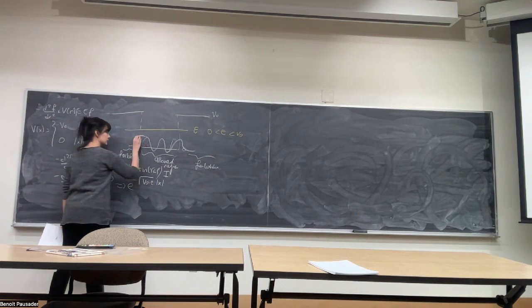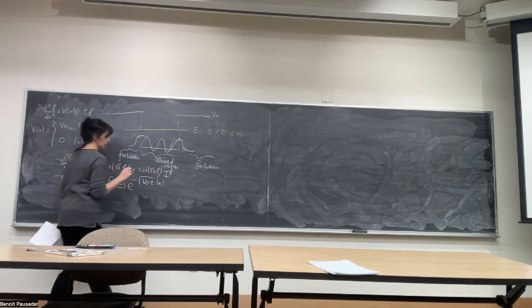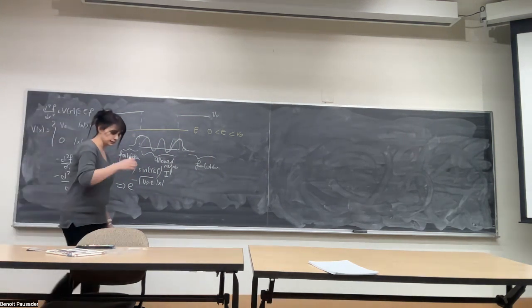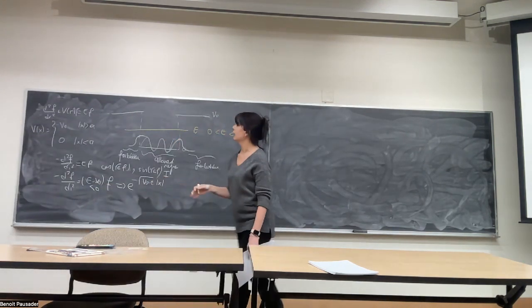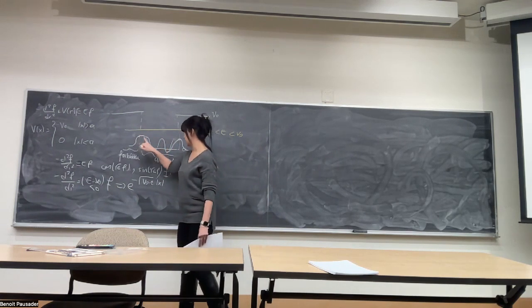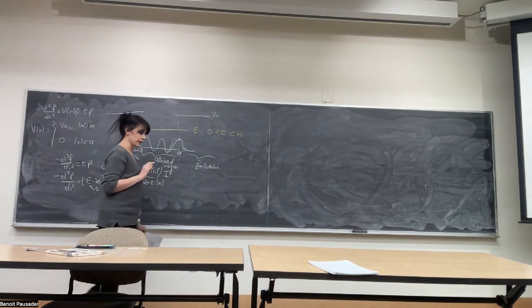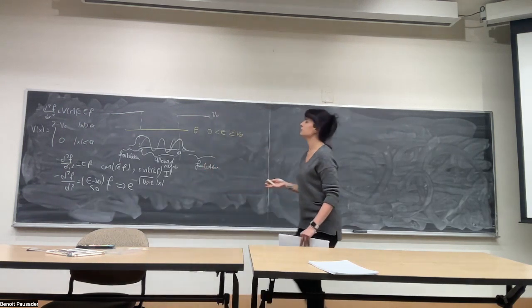To make it a strong solution, we say it's continuously differentiable, and then match these values at A and negative A, and you can find the allowed energy.